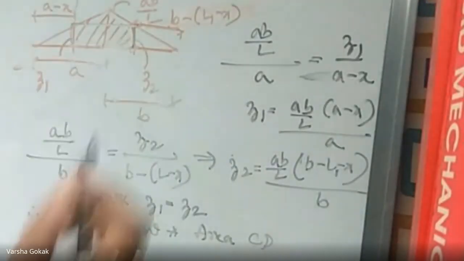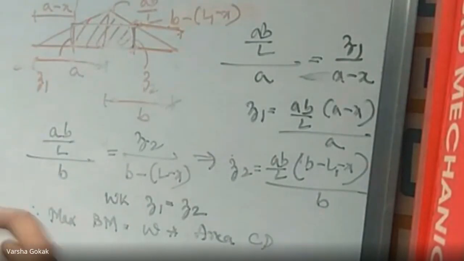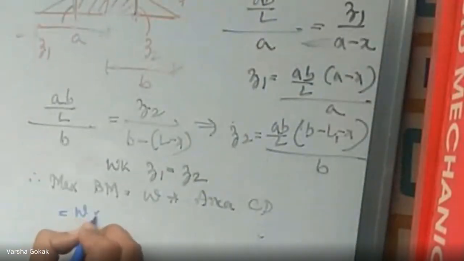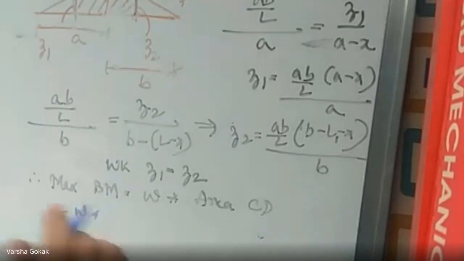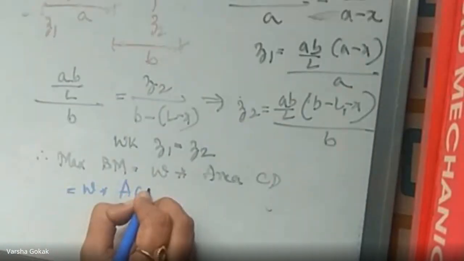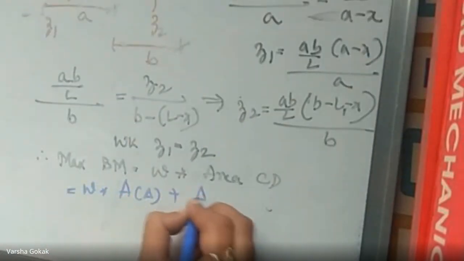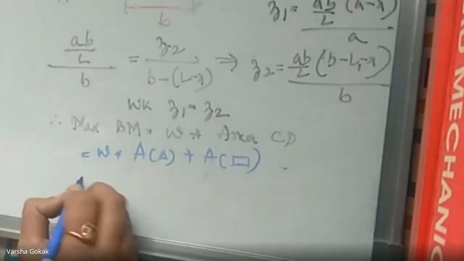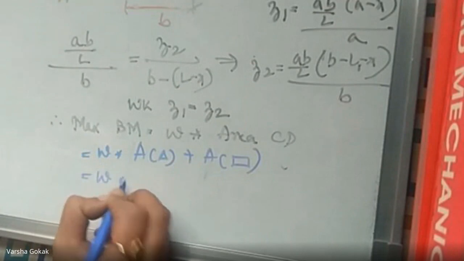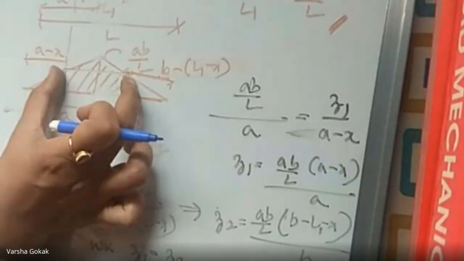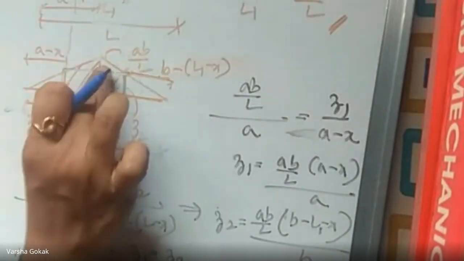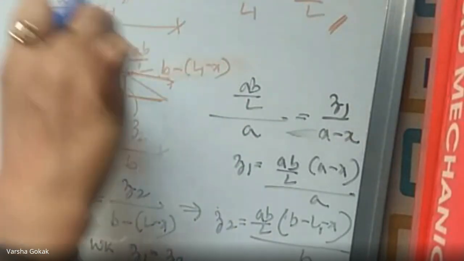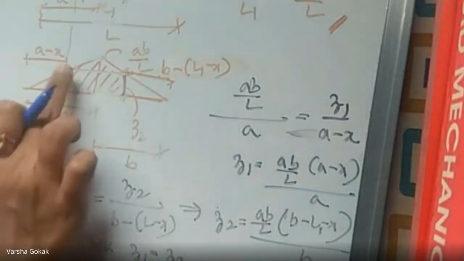That is this area. So when I'm writing that area equation, W into area of the triangle plus area of the rectangle, right? W into area of a triangle, which is half base into height. Height is total AB by L minus this height, that is Z1.